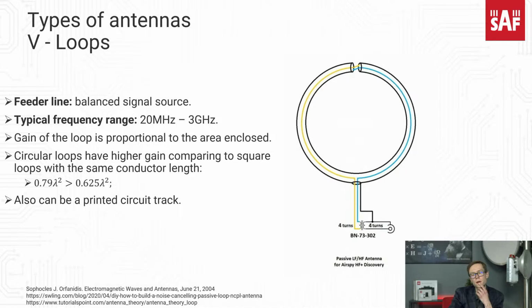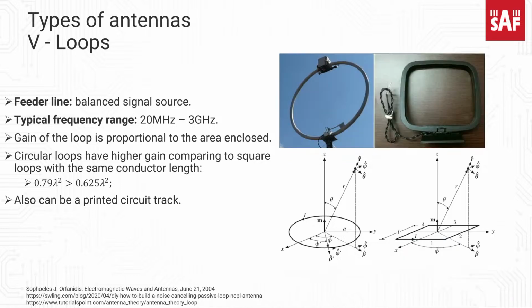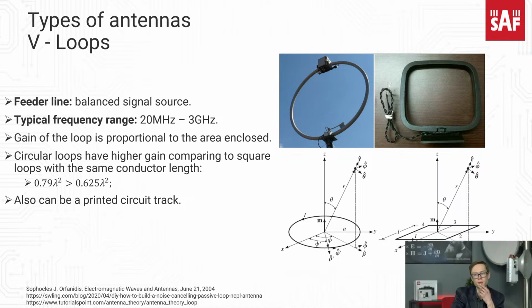This can be produced as a printed circuit track, so on a PCB, or just an additional element, a separate design. These are two types of the television antennas, which you maybe know for some older equipment, or used with some radios or television, but not that often in modern days.